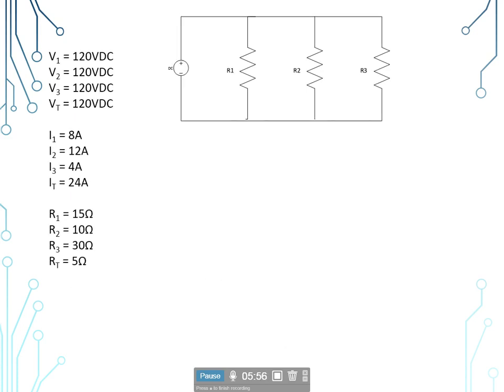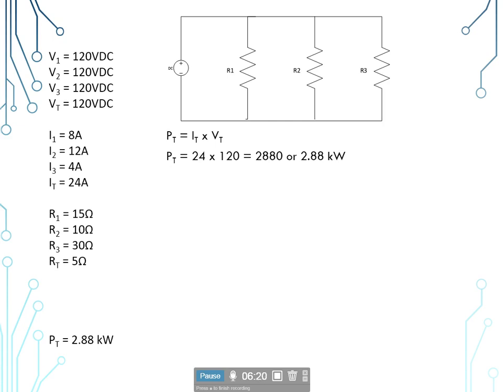And then finally we go to our total power, the wattage for the entire circuit, and the power dissipated by each individual branch. So P sub t is equal to I sub t times V sub t. So P sub t is equal to 24 amps times 120 volts, which gives us 2,880 watts.